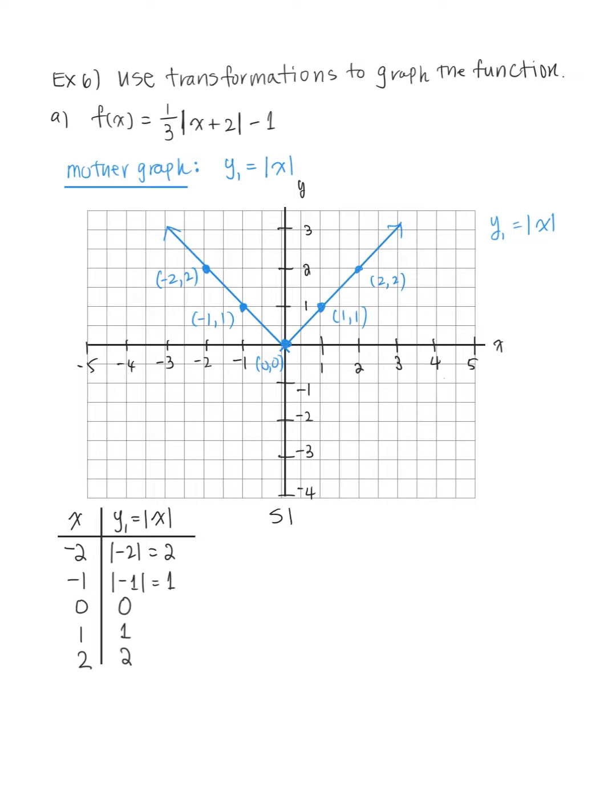So steps. So our first one was y1, which was absolute value of x. That's the mother graph. Now, next step, what I would do is this. Let me just write it as step 2. I would compute y2, which is absolute value of x plus 2.